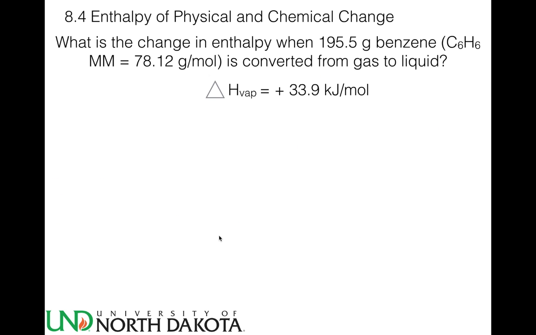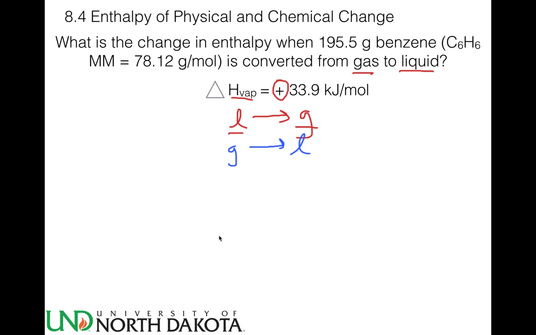This delta H of vaporization means going from a liquid to a gas. And this is a lower energy level to a higher energy level, as shown by the positive value of delta H of vaporization. However, in this problem, we are going from a gas to a liquid. Going from a gas to a liquid is going from a higher energy level to a lower energy level.